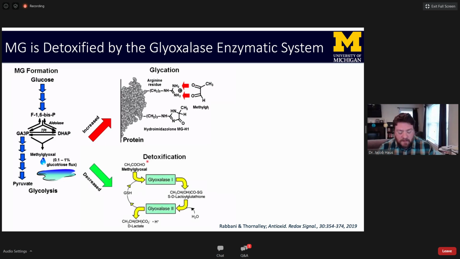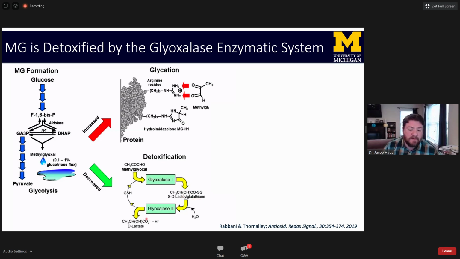Now, thankfully, biology has a system for the detoxification of methylglyoxal, and that is the glyoxalase enzymatic system. Methylglyoxal is combined with glutathione, and glyoxalase 1, or GLO1, forms that into SD-lactoylglutathione, an inert product.